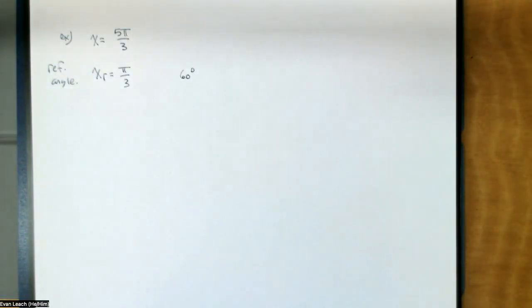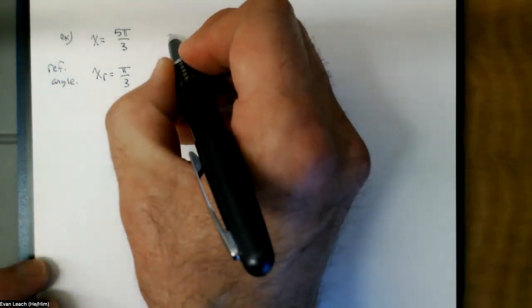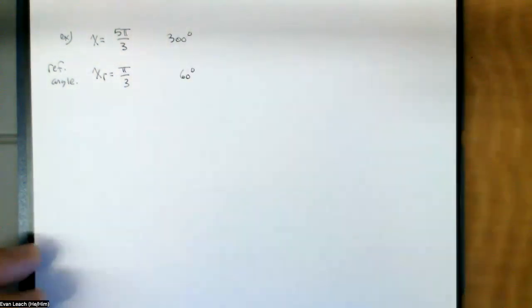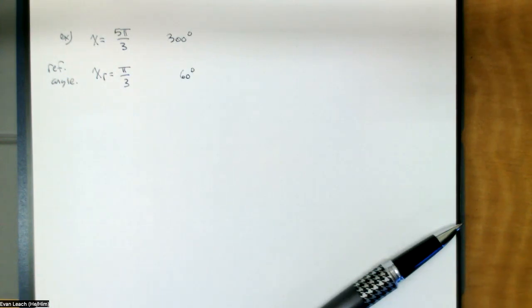What quadrant are we in with 5 pi over 3? What angle is this? 4 is correct. We are in the fourth quadrant. And what's 60 degrees in the fourth quadrant? So what angle in degrees is this? 300. Awesome. And it says it right there.